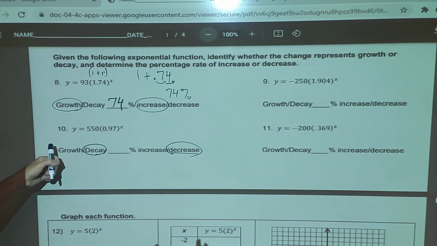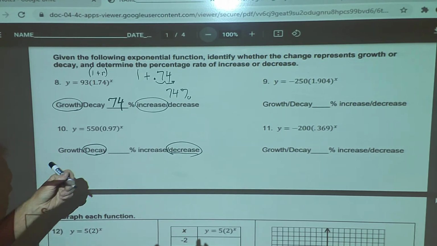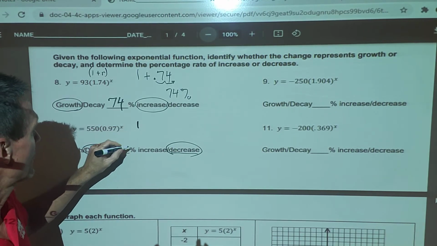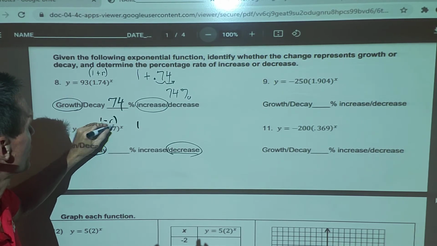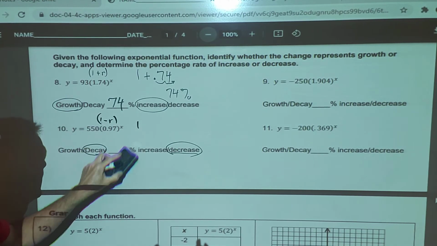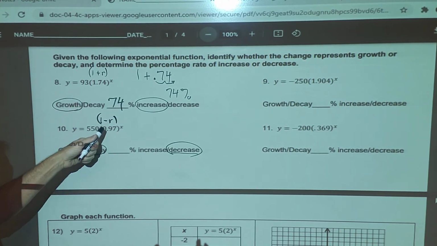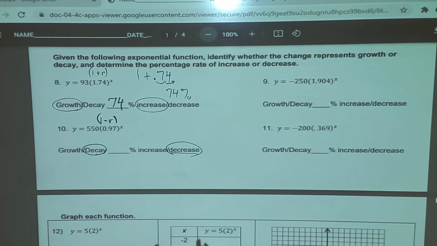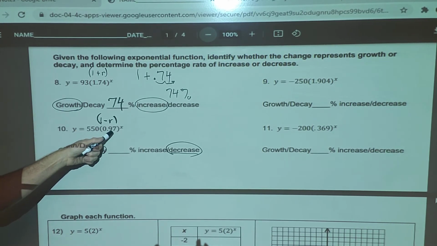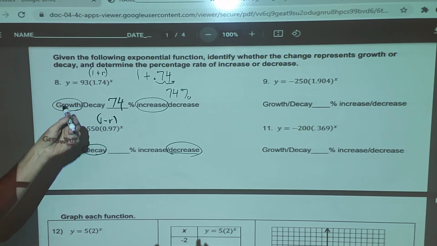So first of all, let's figure out what the amount of decrease would be, or the percentage. So when it's decrease, we are subtracting: 1 minus the rate. Well in this case, 1 minus r equals 0.97. So let's just subtract 0.97 from 1, and that should give us r.